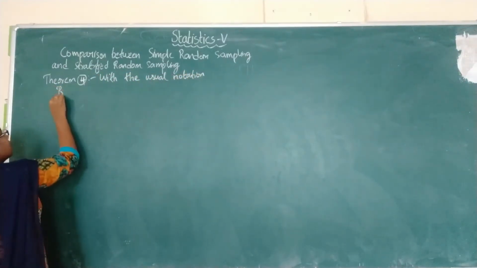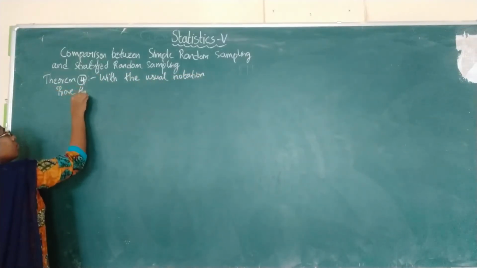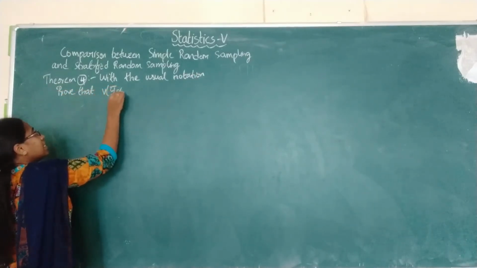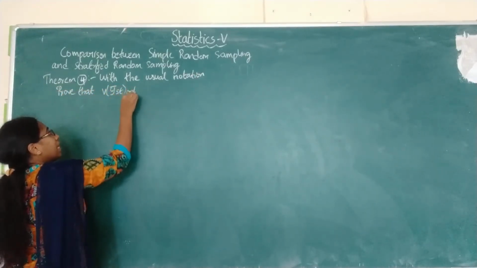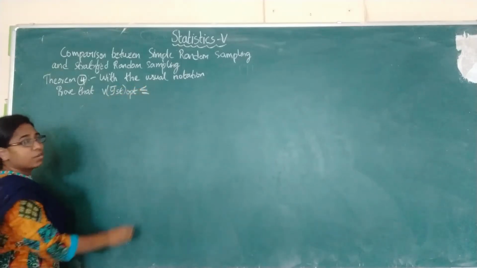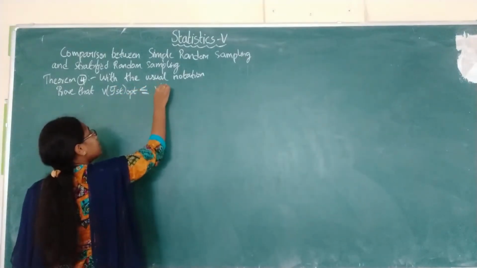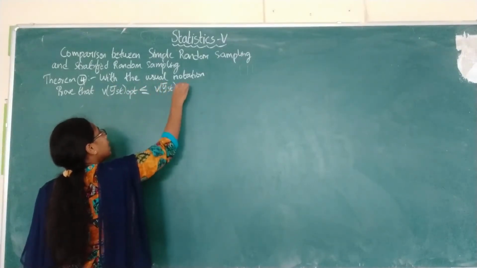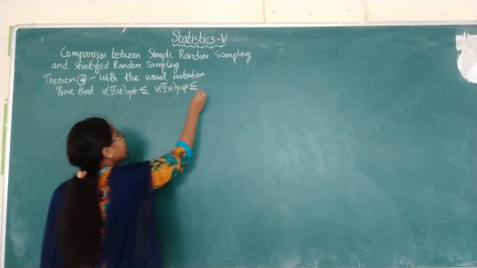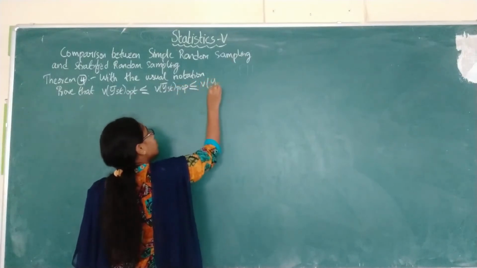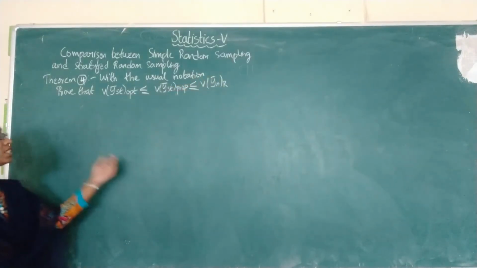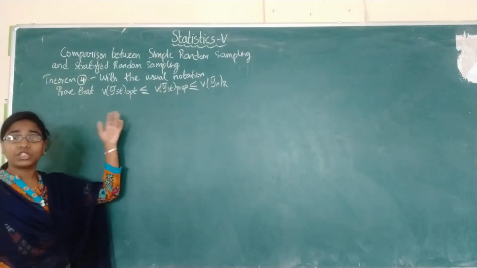prove that the variance of y bar st under optimum allocation is less than or equal to the variance of y bar st under proportional allocation, which is less than or equal to the variance of y bar n under random sampling. This is the comparison we have to prove.